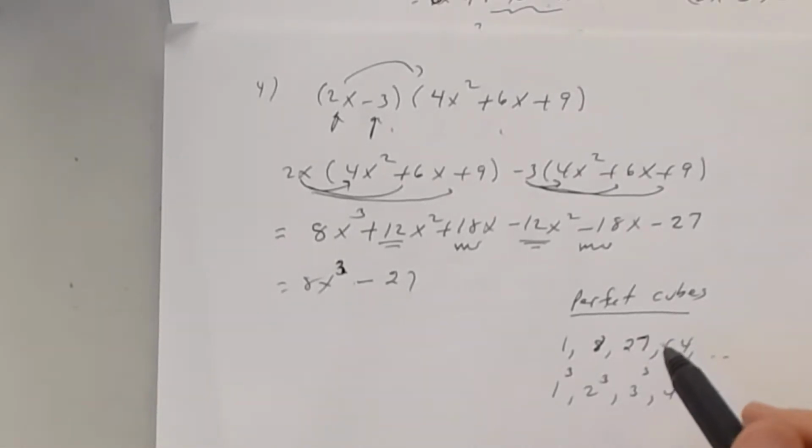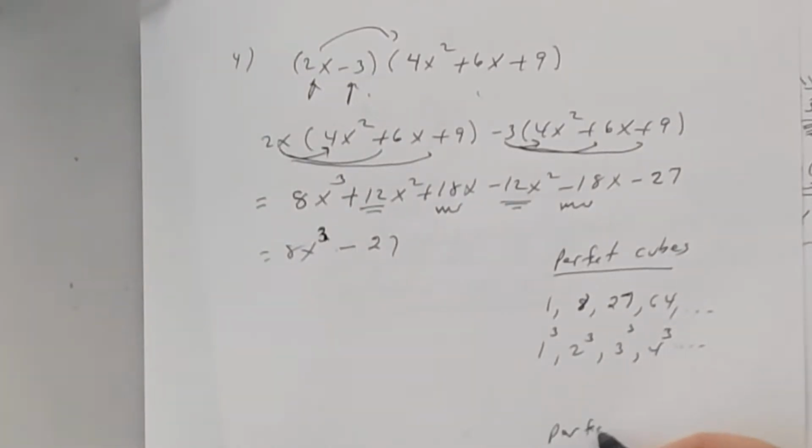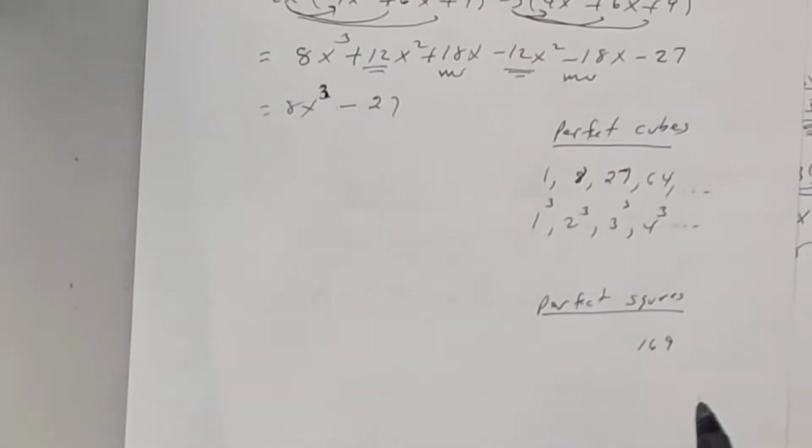And so just like with a perfect square, for example, one of your perfect squares was 169. That means that if I were to take the square root of 169, I would get a whole number back. What's the square root of 169? 13.